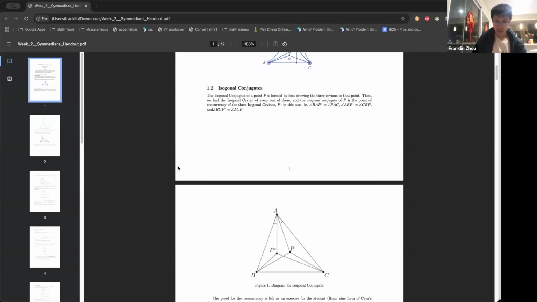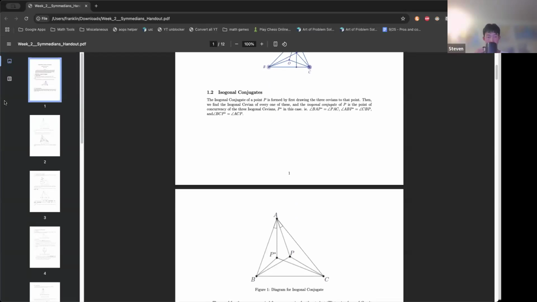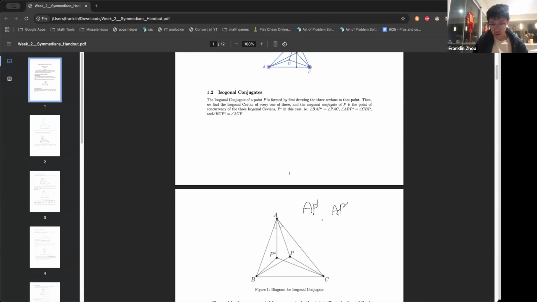All right, next we'll look into isogonal conjugates. Let's define two points, call them P and P prime. P and P prime are isogonal conjugates relative to triangle ABC if AP prime and AP are isogonal, BP prime and BP are isogonal, and CP prime and CP are isogonal.